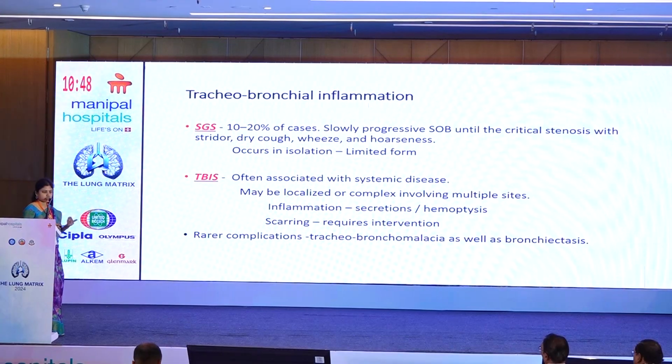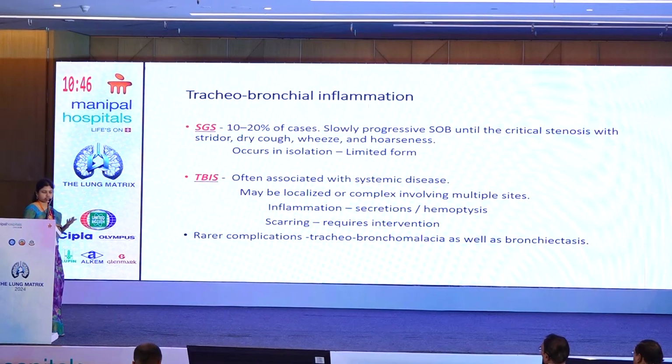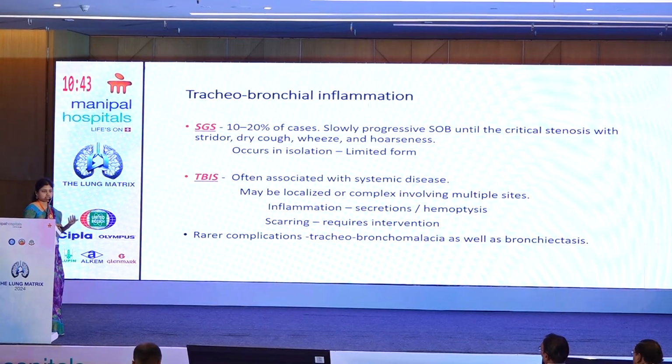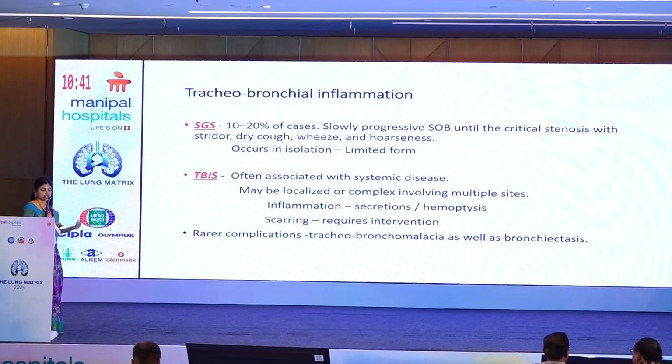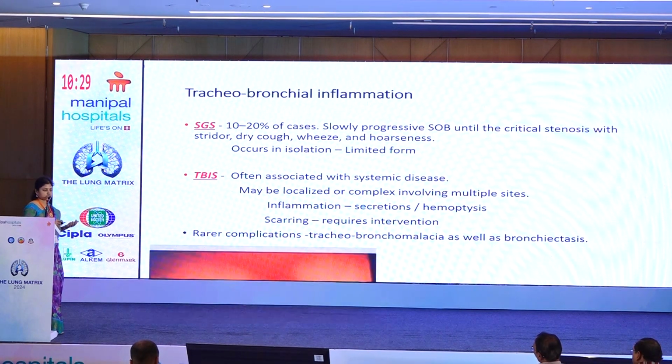It occurs in isolated forms, and no other manifestation of GPA can be seen. The other is tracheobronchial inflammation with stenosis, where it is often associated with systemic disease. If untreated, it can lead to scarring of the bronchus, and sometimes it may require lobectomy or pneumonectomy. So here I would like to discuss a small case.